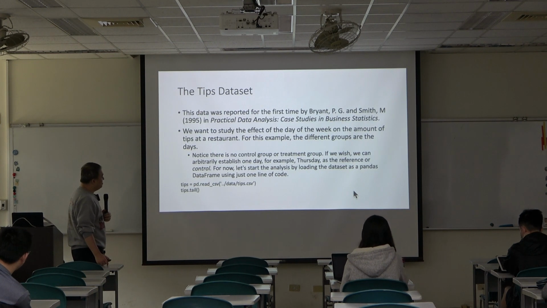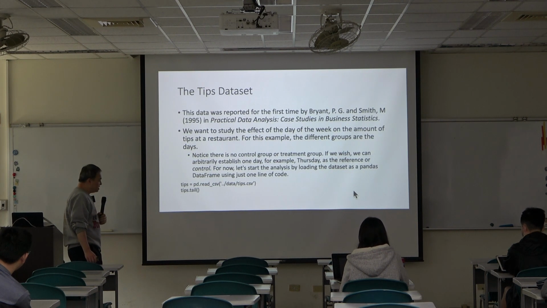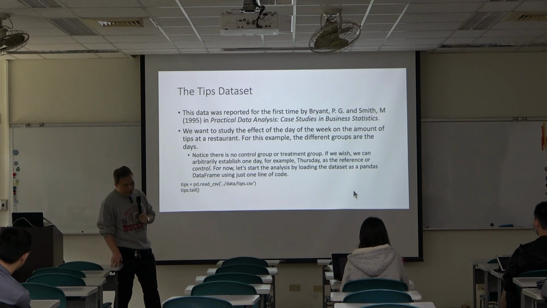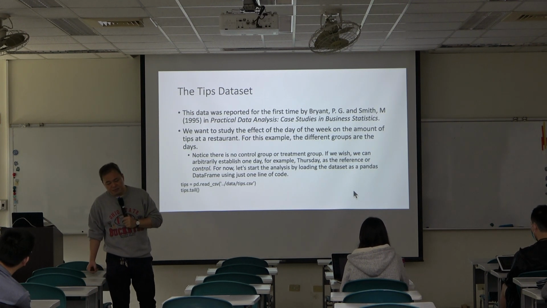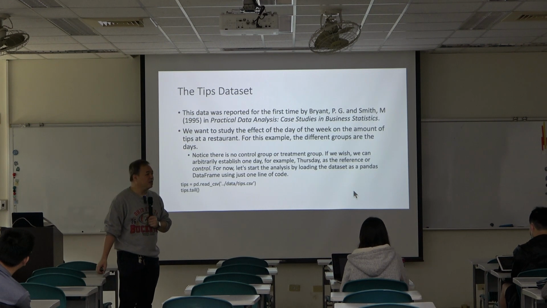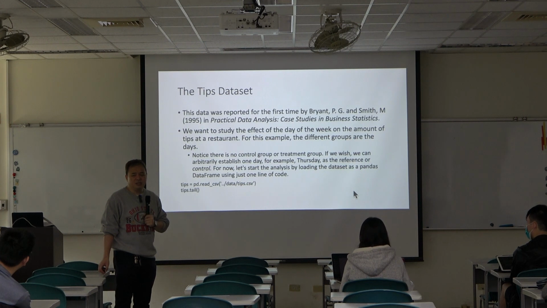So here we are looking at another example. This example is sort of interesting, because in Taiwan, when you go to a restaurant, the tipping is at a fixed rate.